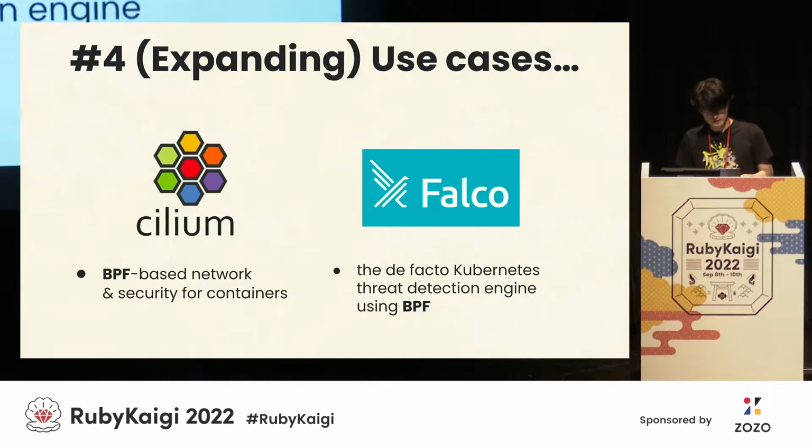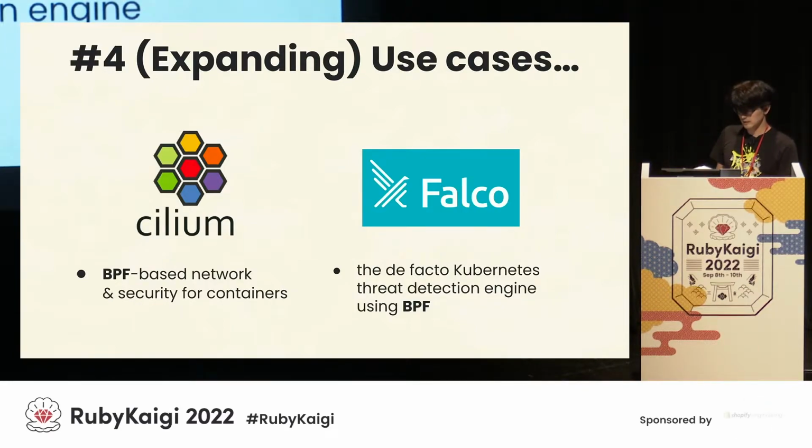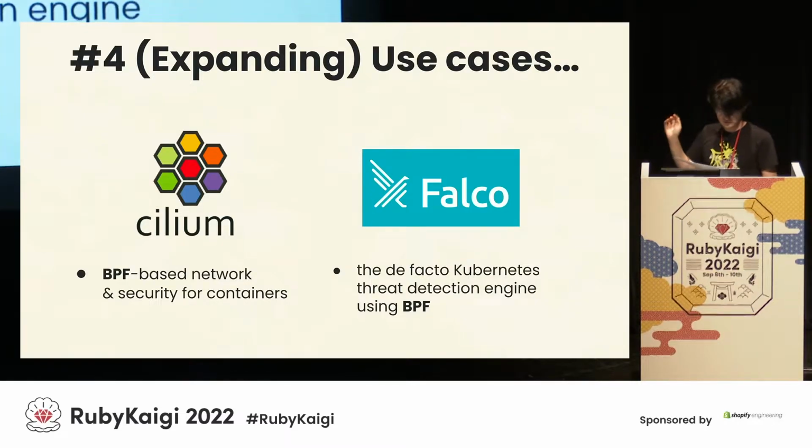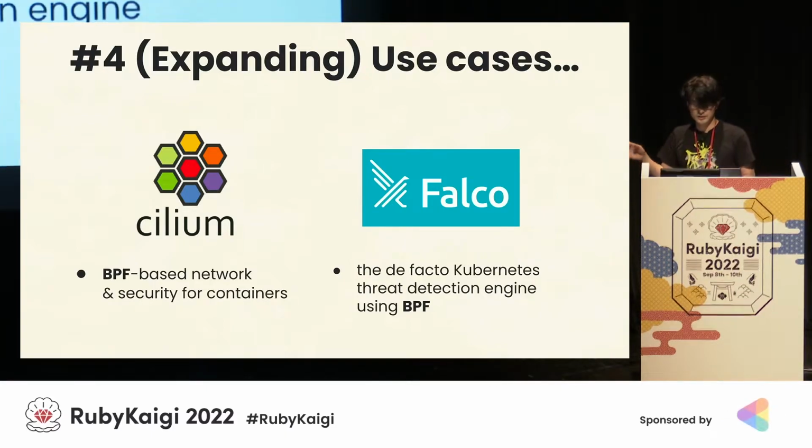Typical projects using BPF are, for example, Cilium and Falco. Cilium provides network orchestration for containers using BPF. Falco provides threat detection and other security features.